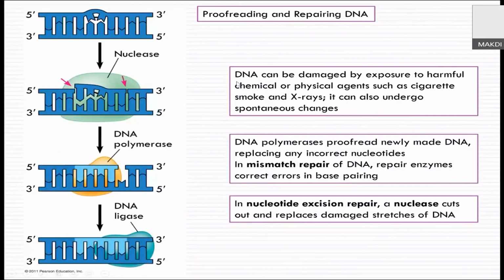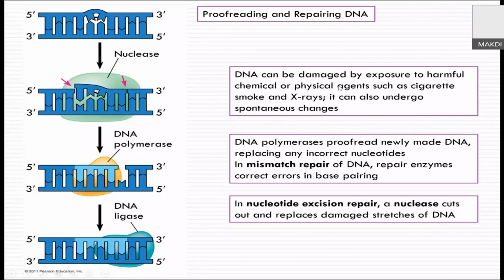But the DNA replication is not perfect. It is very efficient, but it's not perfect. Sometimes there are mismatches of DNA pairings against Chargaff's rules. Sometimes AT becomes AA, AG, like that.